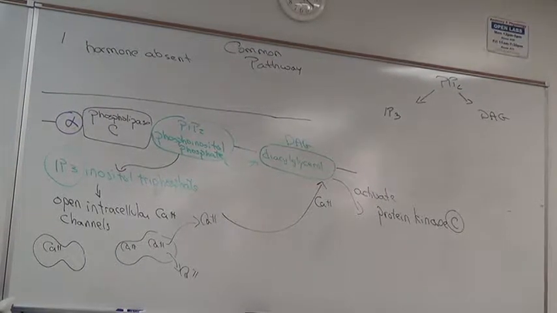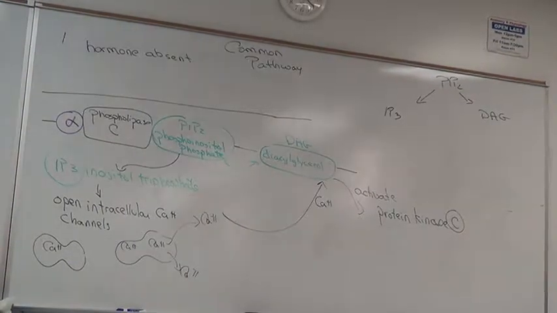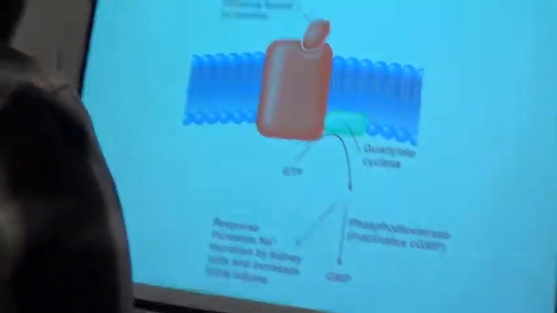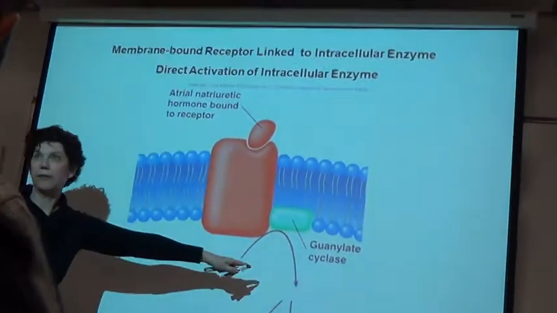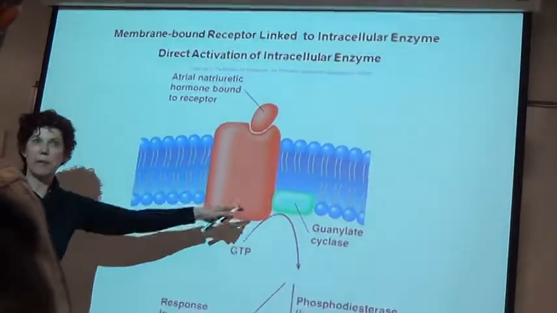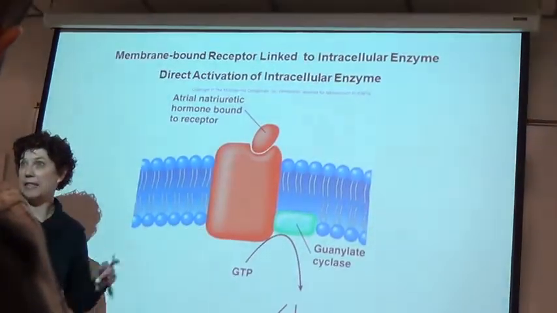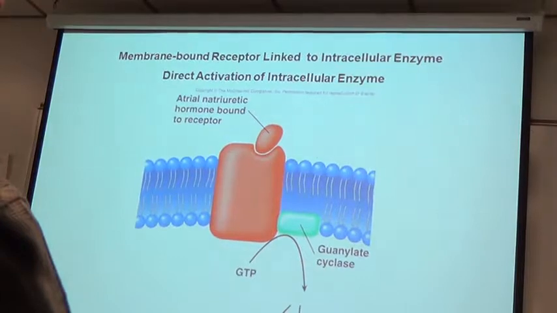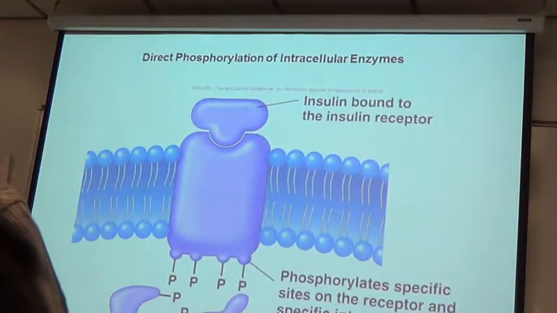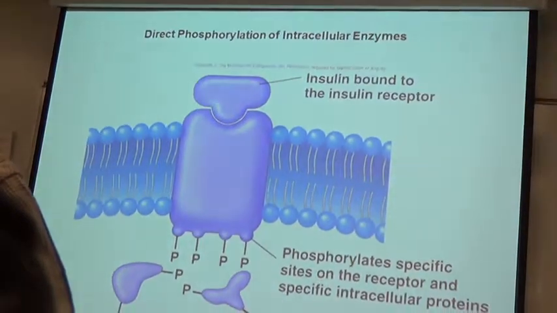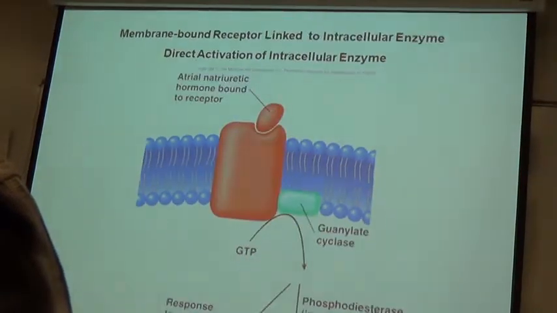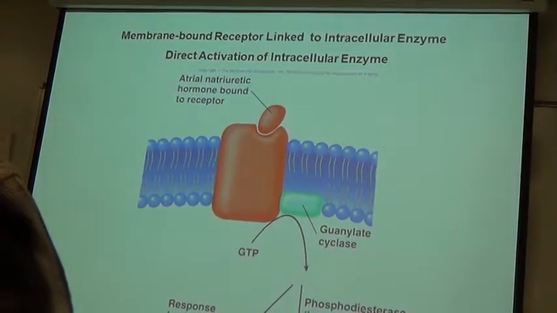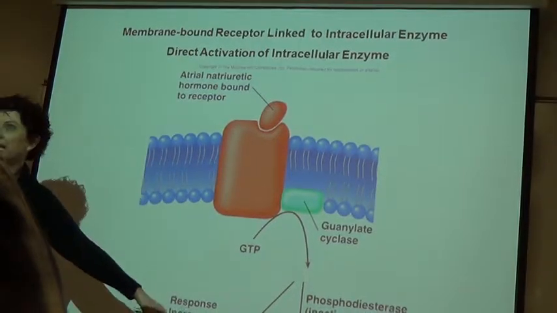On Thursday, we're going to look at a shorter way in which the receptor itself will activate something similar to cyclic AMP without it. Its receptor is the enzyme. And then we'll look at where the receptor not only, in the previous case, the receptor is the enzyme that activates a cyclic GMP, and that activates a protein kinase.